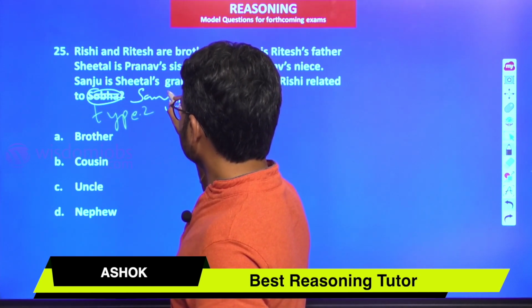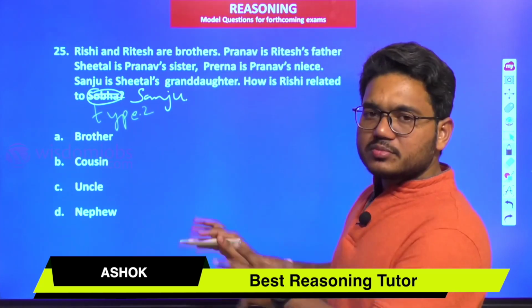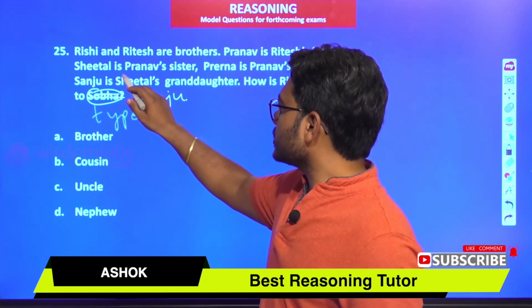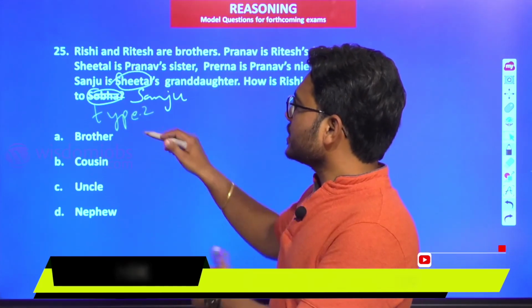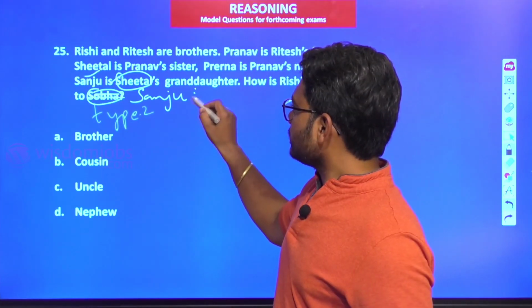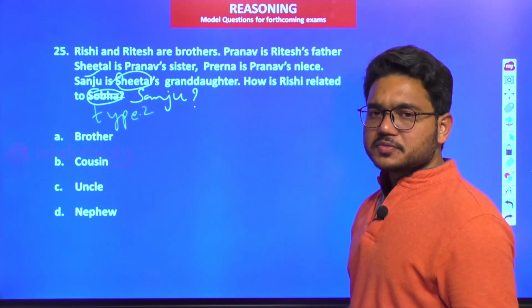Let me put it like this. You can put any name. I can put Sheetal also, but let me write it as Sanju. So how is Rishi related to Sanju?